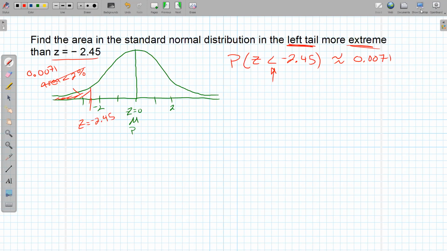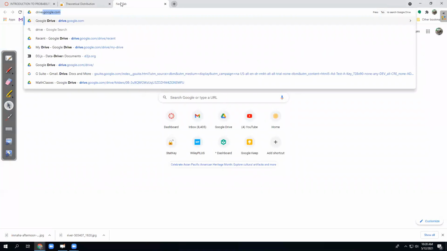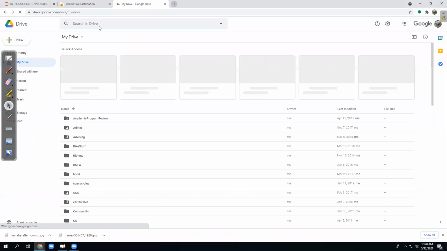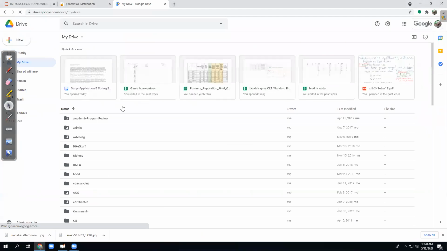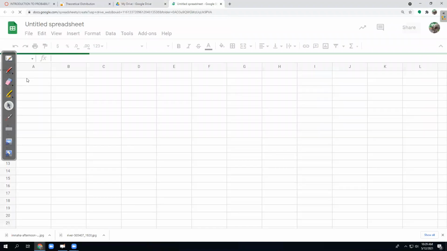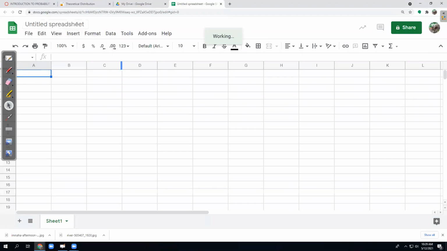So a quick look at this on a spreadsheet, which we'll use more probably next week, but I'm not going to use it too much this week. StatKey is good enough for most of the stuff we have. Let's just make a new sheet. Google Sheets and Excel work the same way.